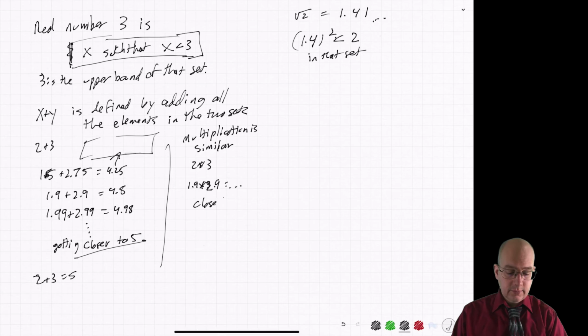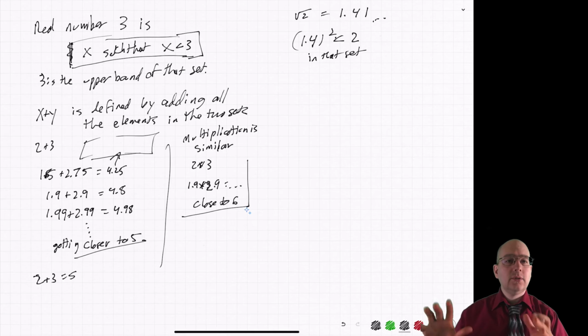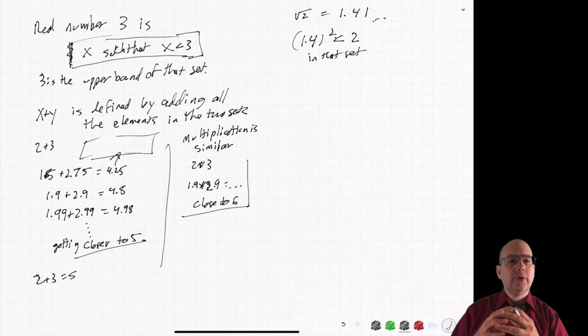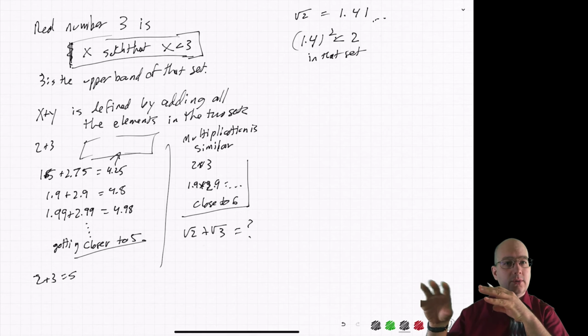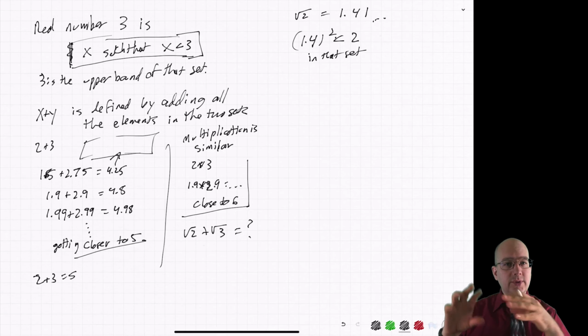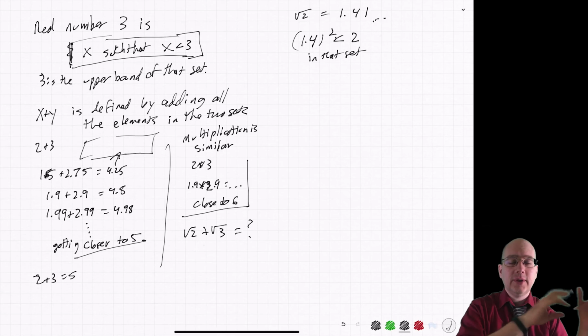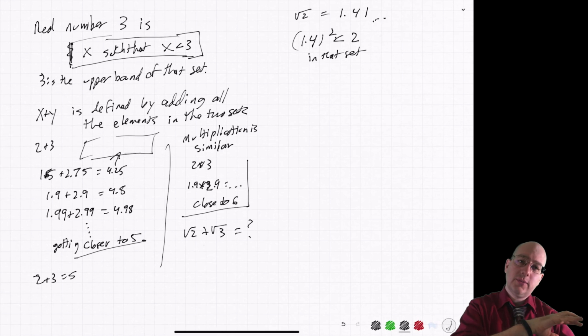It'll be close to 6, right? That's the point. So we've defined this thing that allows us to talk about things that don't exist with rational numbers, right? We don't actually care about 2 plus 3. What we do care about is, what does square root of 2 plus square root of 3 mean, right? And because we've got these two sets of rational numbers that represent the square root of 2 and square root of 3, we can actually add them together and you get what that's supposed to be.